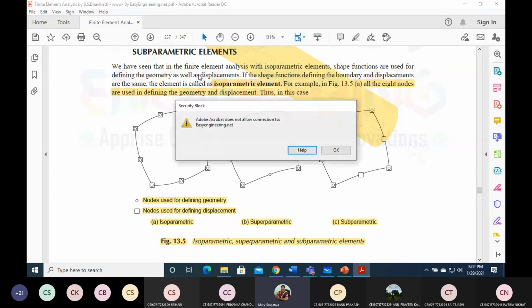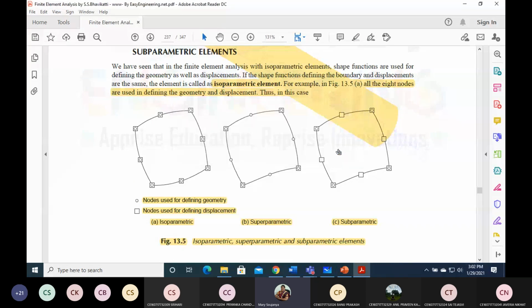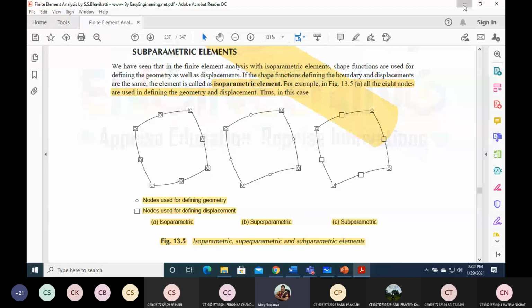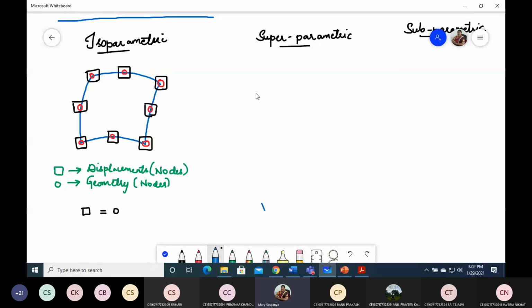Okay, what's wrong with this? Something wrong. All right. Let's take the figure then. This is another parametric element.